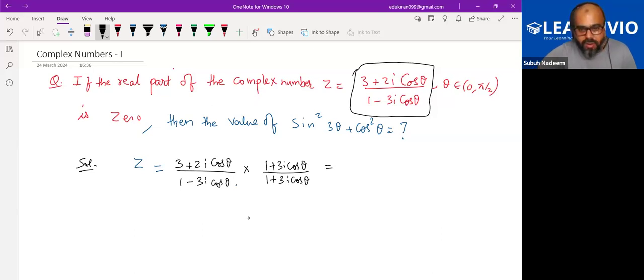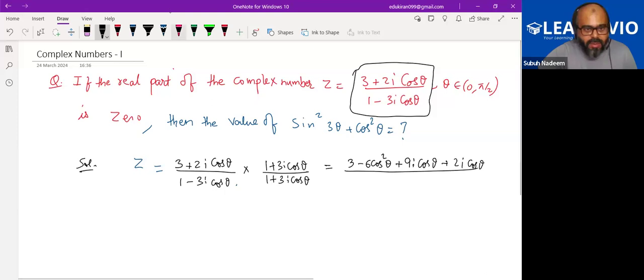After doing this, what you will find is 3 into 1 is 3, and then this is minus 6 cos square theta, and then plus 9i cos theta, of course, and then plus 2i cos theta.